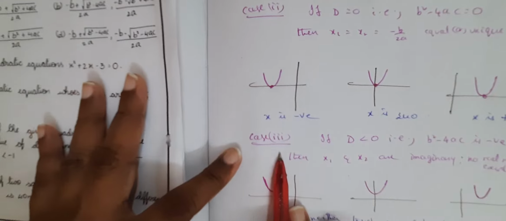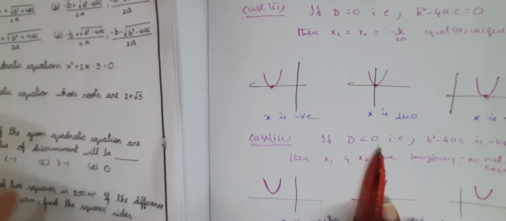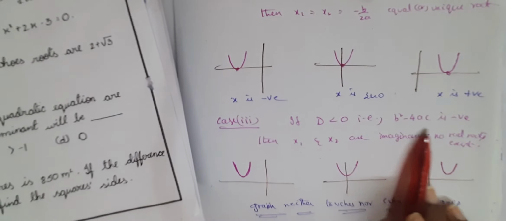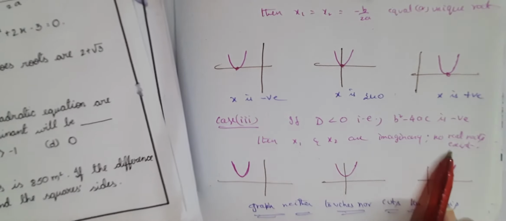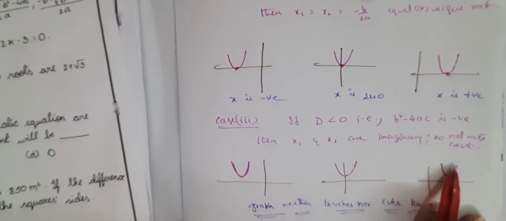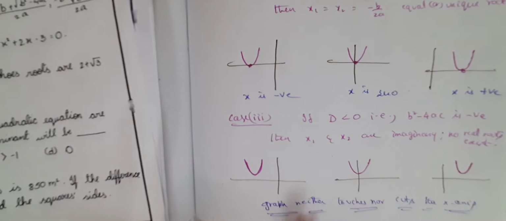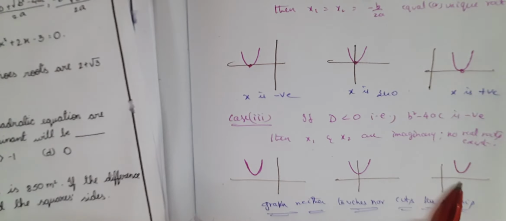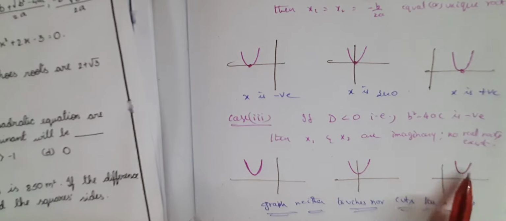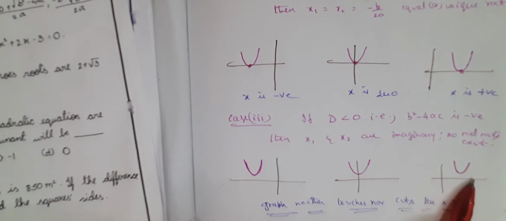And now case 3, if the discriminant is less than 0, that means, as already said, there do not exist any real roots, and there are only imaginary roots. Therefore you won't see the curve touching or intersecting the x-axis at any point, right? So these are only imaginary roots. That means there do not exist any sort of real roots.